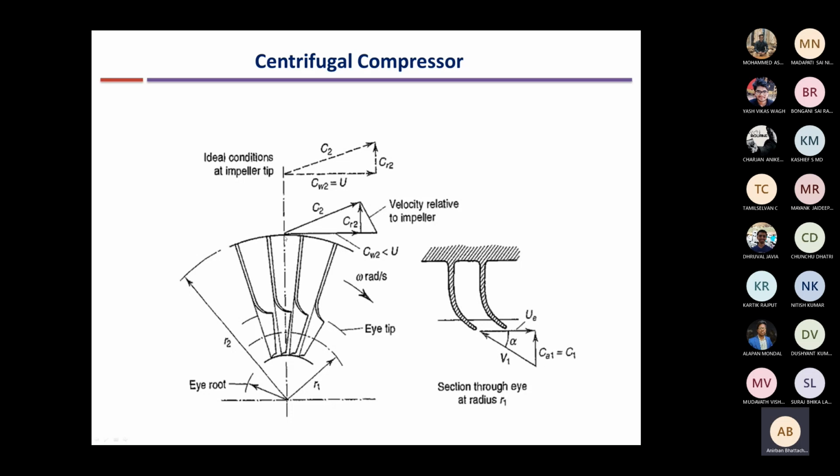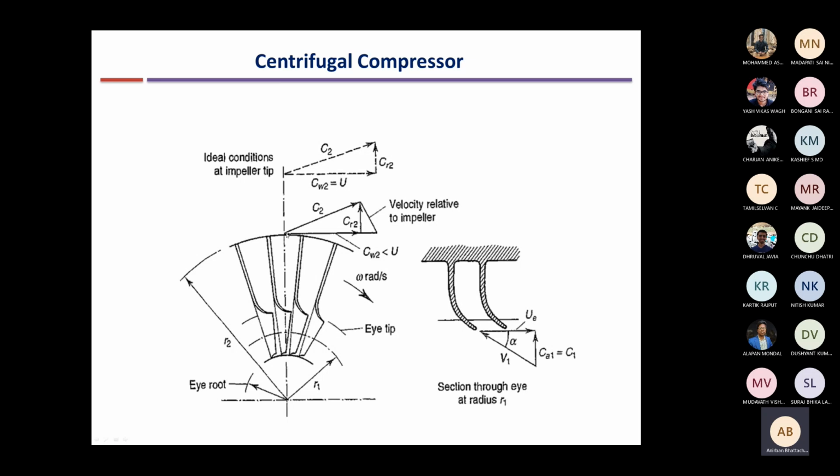Similarly, we will describe all the temperatures also based on this. So T1 and T01 are the static and stagnation temperatures at the inlet section, and T2 and T02 are the static and stagnation temperatures at the outlet, the exit of the impeller. And section 3, T03, is the stagnation temperature at the exit of the diffuser.